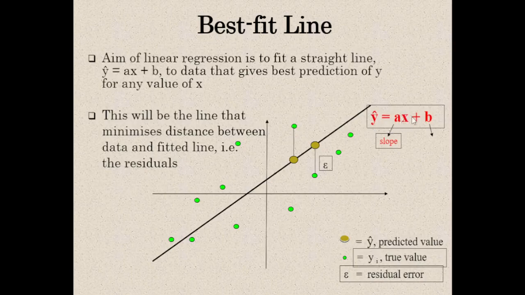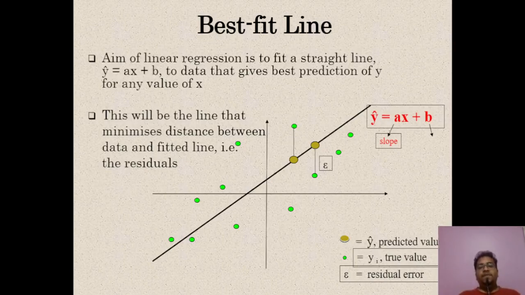So this variable x is called the independent variable, and this variable y is the dependent variable. Based on this x value, we can find out the value of y, that is, we can predict the value of y. So this will be dependent and this is independent.